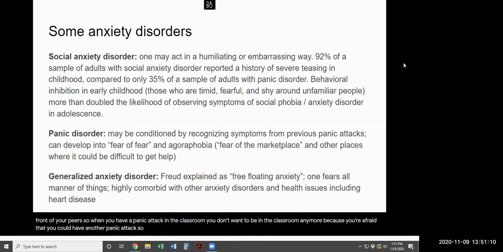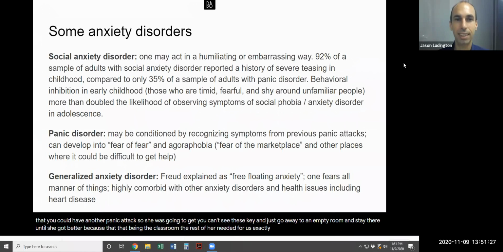Yeah, that was exactly what happened. Whenever she felt like she was going to get a panic attack, she used to just go away to an empty room and stay there until she got better, because she said that staying in the classroom with the rest of us made it worse. Exactly, it does make it worse. You're describing exactly what I would expect.